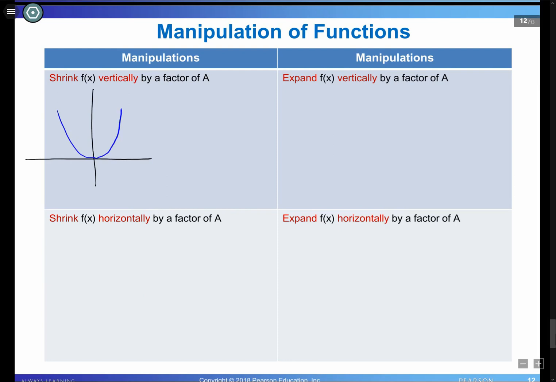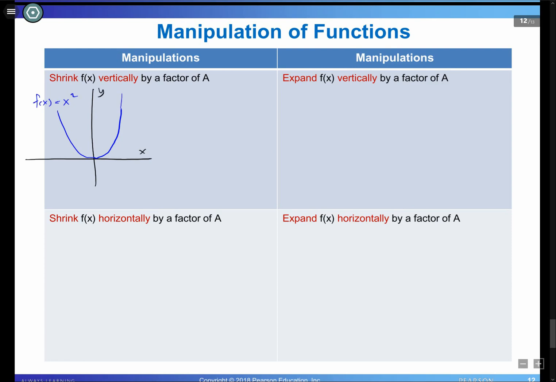So this is f(x) equals x squared, and we have y and x. And now we want to shrink this curve vertically by a factor of a. We want to make this graph shorter. So it's going to be something like that.